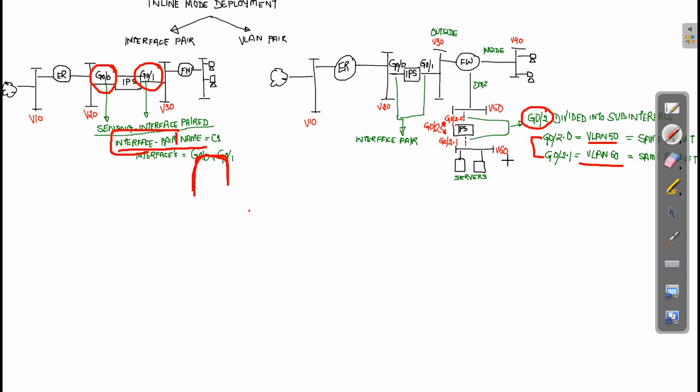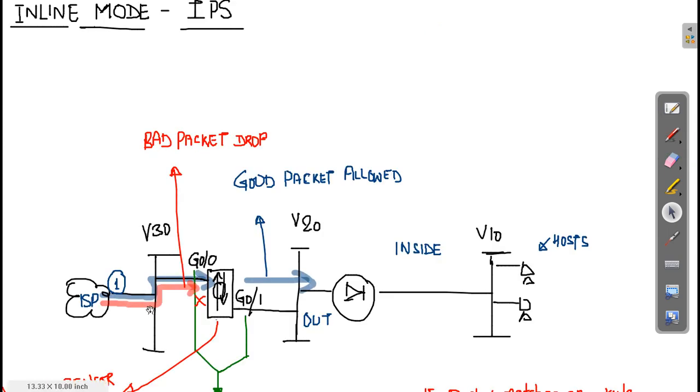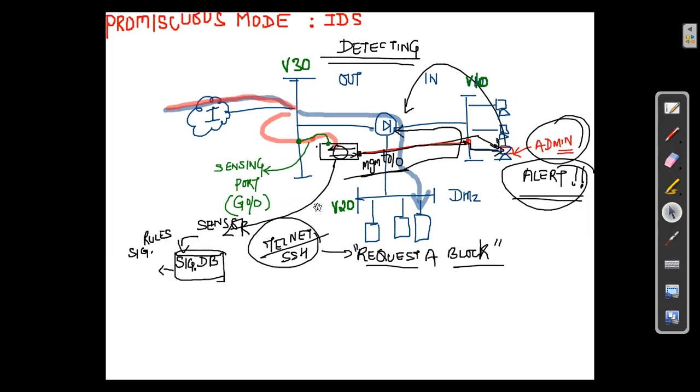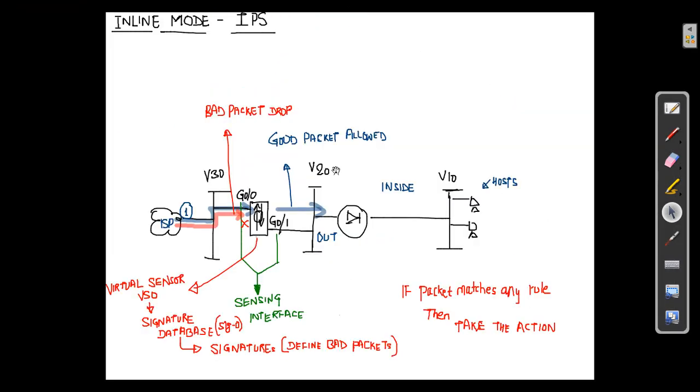Fine. So I am using 1, 2, 3 interfaces. Remaining interface is what? Still one more interface is remaining, right? That you can use in promiscuous mode. Get this? It's the same IPS.